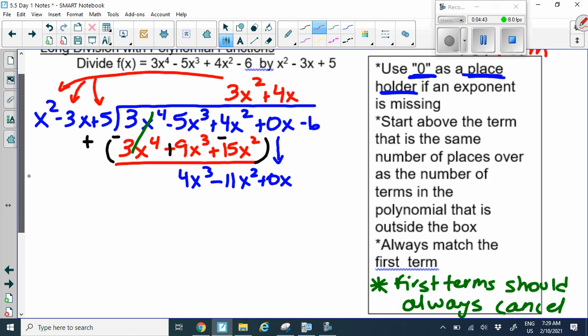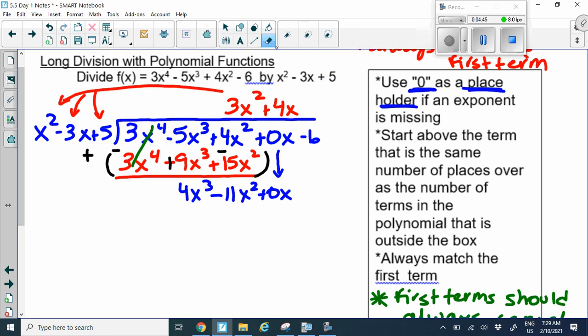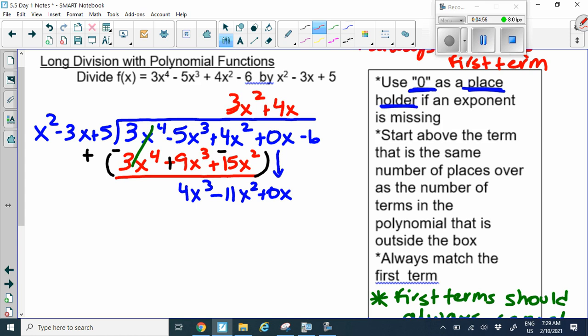Now I'm going to take my 4x and multiply that by all the terms outside the division bar. So I'm going to take my 4x multiplied by the 5, negative 3x, and x squared. When I do that, I get 4x cubed, then minus 12x squared. Now I get plus 20x, and so now I can combine that with the 0x.